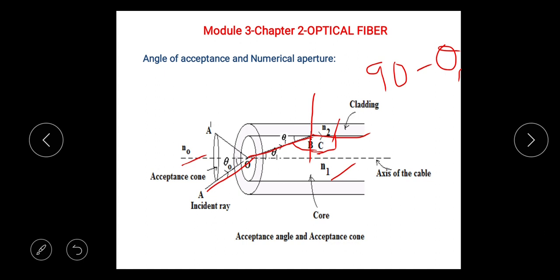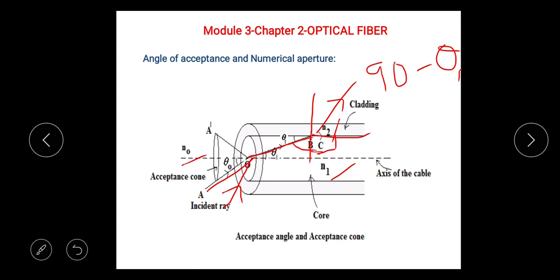Consider another ray of light which enters the core here. This is another ray of light and its angle of incidence is greater than theta naught. Now that ray refracts along OB and again refracts from B to the surrounding medium.